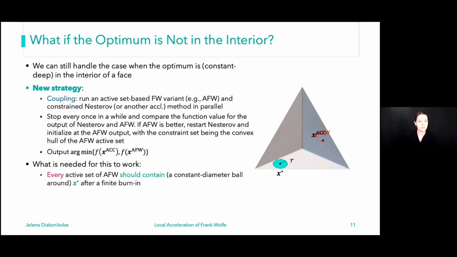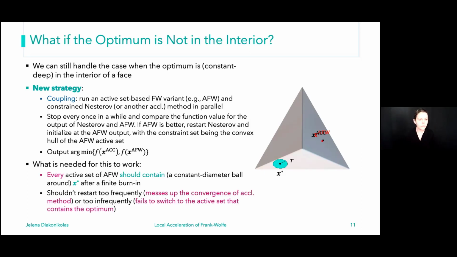And what is needed is that after a while, the active set actually contains the optimal point. And this doesn't take forever to happen, but happens after some finite time. And there's a tricky part that I'm not mentioning here about restarts.